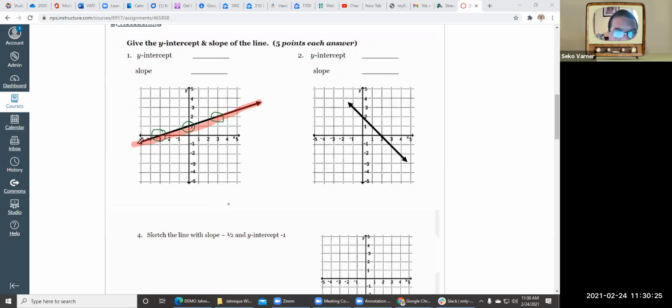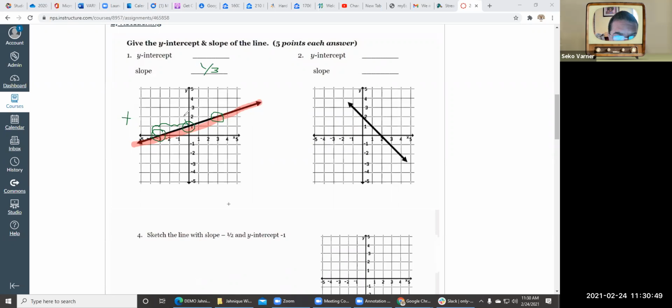And so what we're going to do, this is a positive line, right? This would be walking up the hill. From this point, we went up one and we went over one, two, three. So the slope is one over three. We went up one and we went over three.